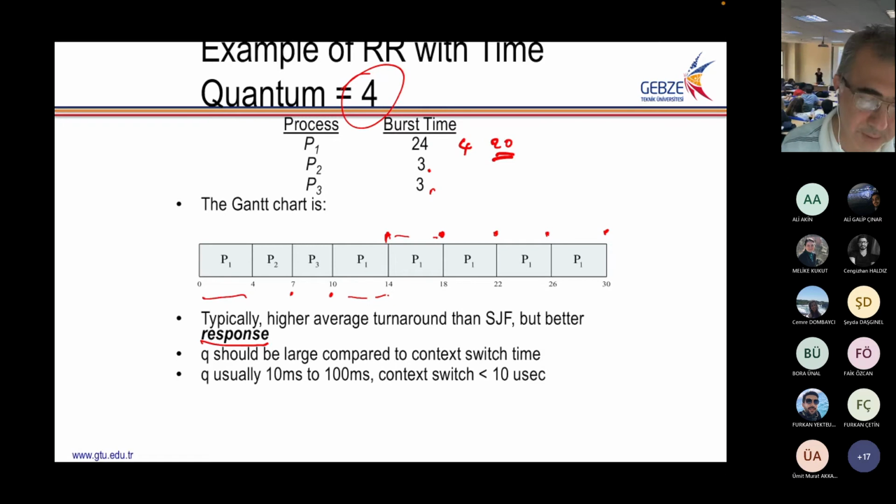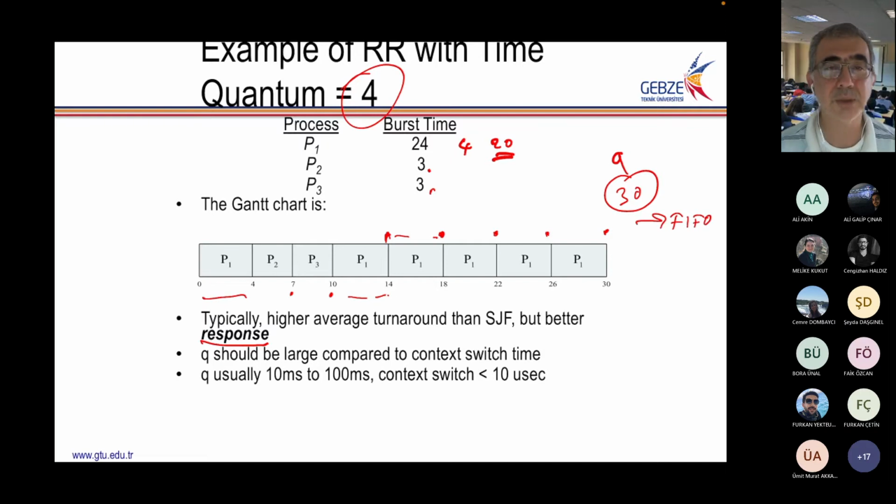If the quantum value is like 30, the algorithm becomes first in, first out, because 30 has nothing to do with these numbers. It's too big.